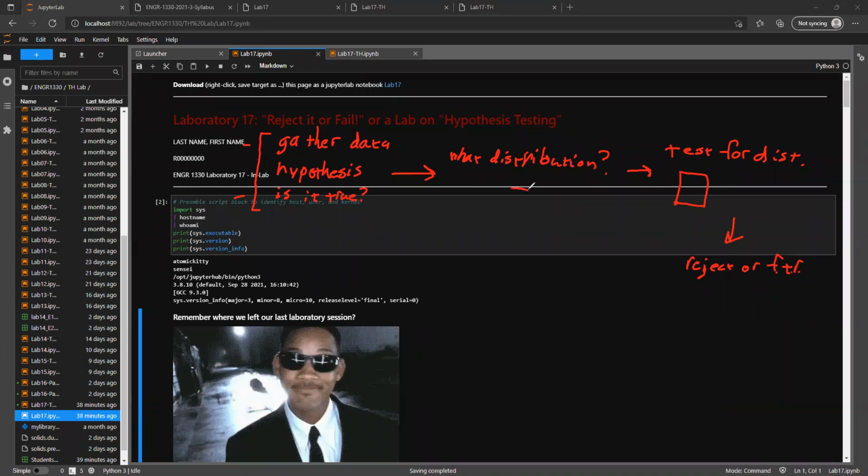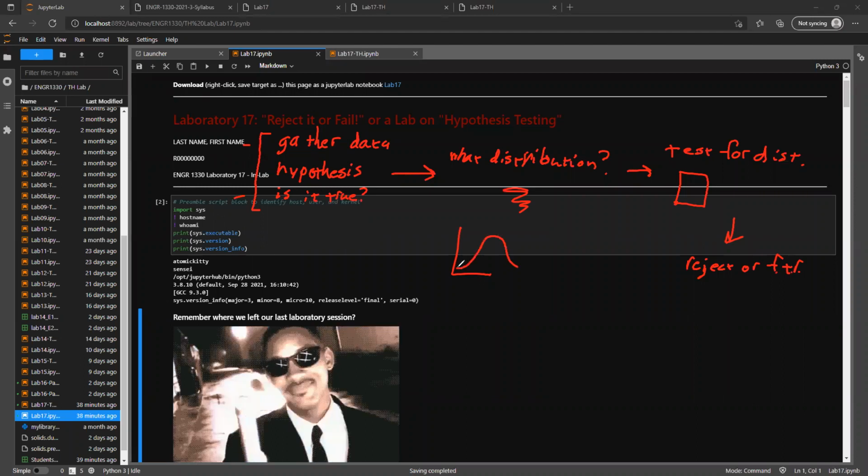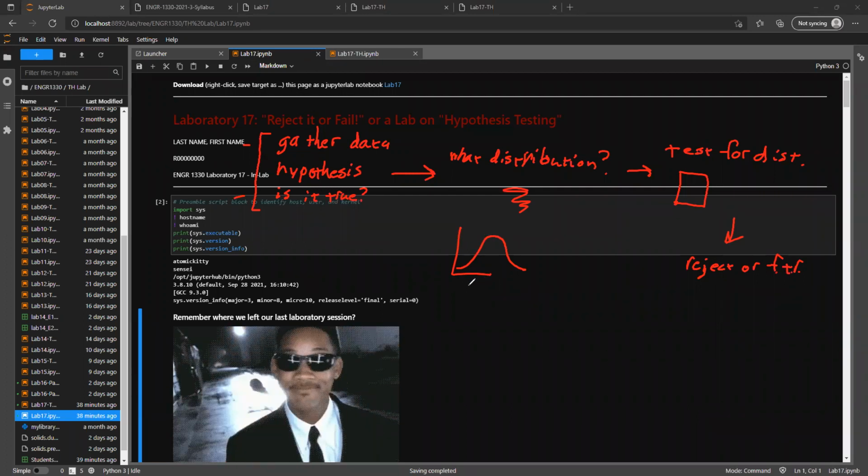So this part right here is really important. We see our data. There's a whole bunch of ways to figure out what distribution it is. Sometimes you look at the graph of your data and you say, okay, this looks normal. And I have some tests that say, is this data probably normal or not? Similarly, you have the same kind of process for a bimodal set of data.